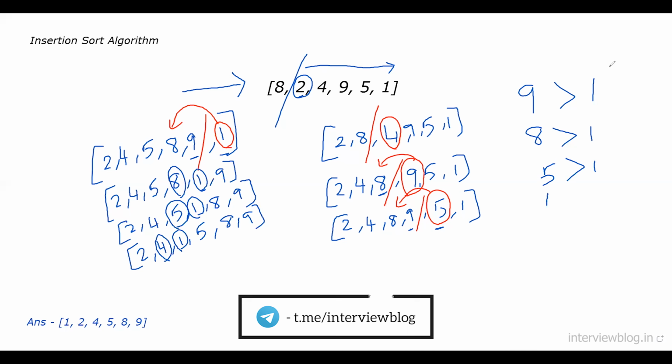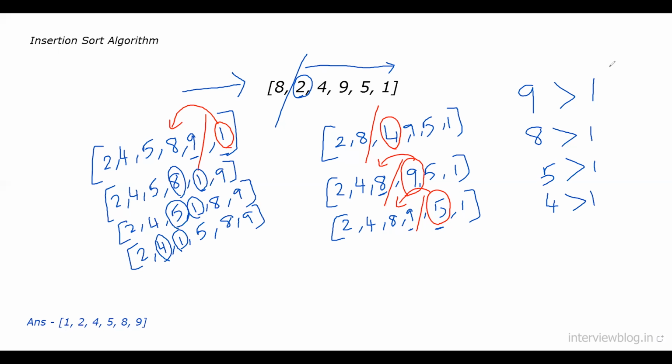We can see that 4 is greater than 1 and hence we need to perform a swap and our tentatively sorted list becomes 2, 1, 4, 5, 8, and 9. So now we need to compare 1 and 2. Since 2 is greater than 1, we need to perform a swap, and our tentatively sorted list is now 1, 2, 4, 5, 8, and 9.